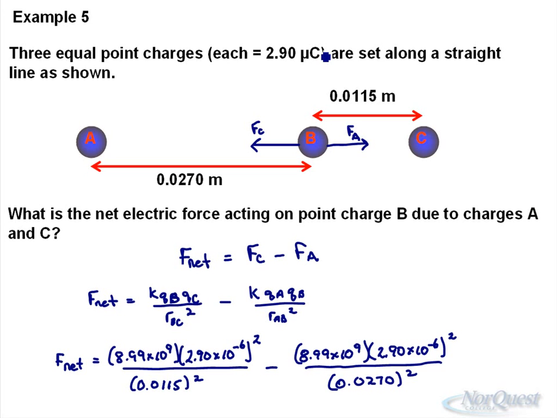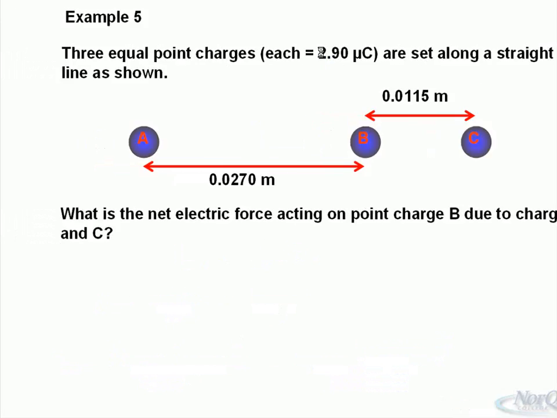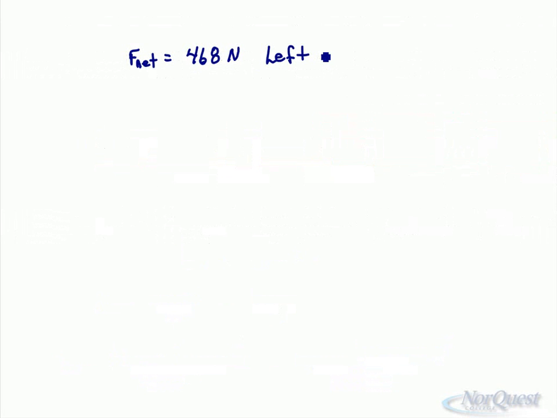Distance is a bigger factor because it's an r squared ratio compared to the size of the charge. But if there were significantly larger charges, they would play a factor too. So you need to consider all possible variables. Our answer is, again, to 3 sig digs, 468 newtons to the left.